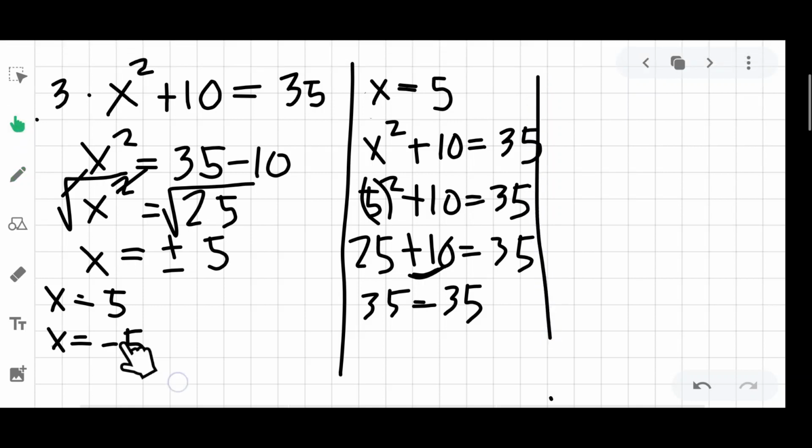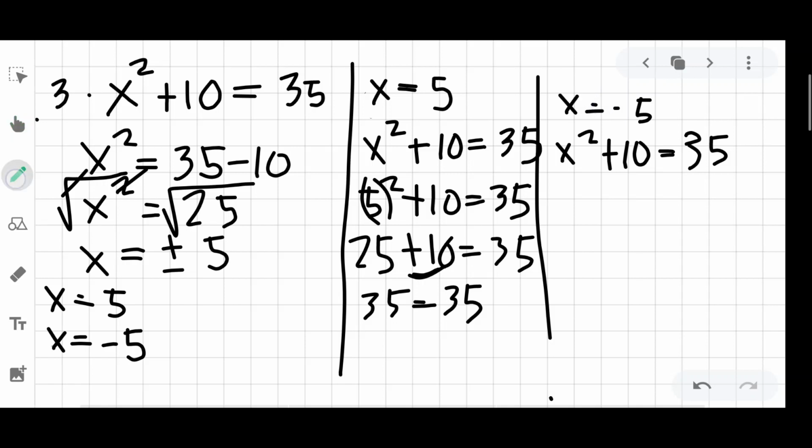So, to check naman yung other answer natin, which is x equals negative 5, the same thing lang din yung gagawin natin. Copy the original equation, x squared plus 10 equals 35. So, change the value of x to negative 5 doon sa nakuha natin.